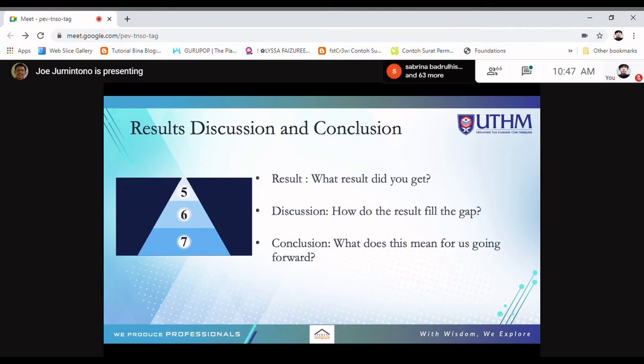And then the last part of the paper is the conclusion. The conclusion is taken from the discussion and result, and then the implication or the impact of the research going forward.